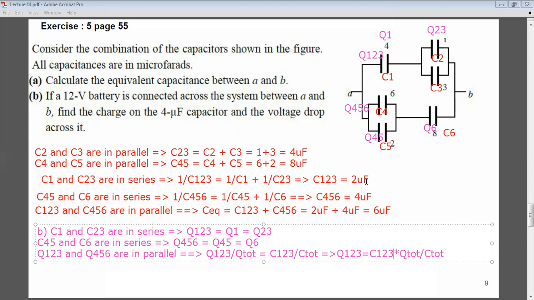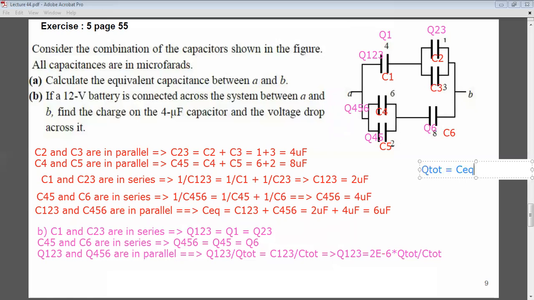It is 2 microfarad. So this is 2e to the minus 6. What is the Q total? Q total, I can do the calculation here. Q total is equal to C equivalent times V, which is equal, C equivalent is 6e to the minus 6 times the total V, which is 12. So Q total is 7.2e to the minus 5 coulomb.